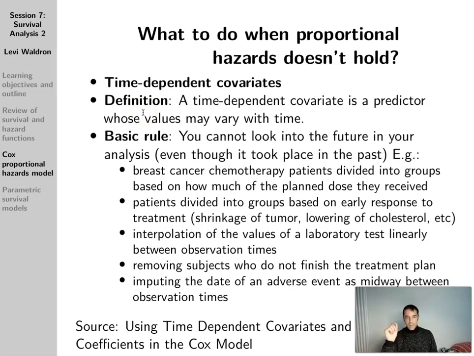But there's a very, very important rule in doing this, and that is you cannot look into the future in your analysis, even though your analysis has taken place in the past. It's surprisingly easy to break this rule. It sounds simple, but because you have all of the information when you're analyzing the data, it can be a little bit difficult to put yourself back in the beginning of the study and think about what information you have at each point.